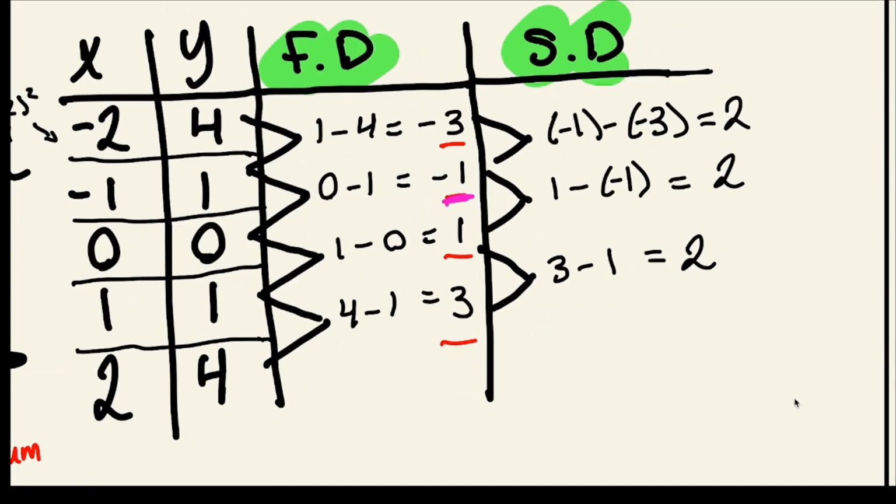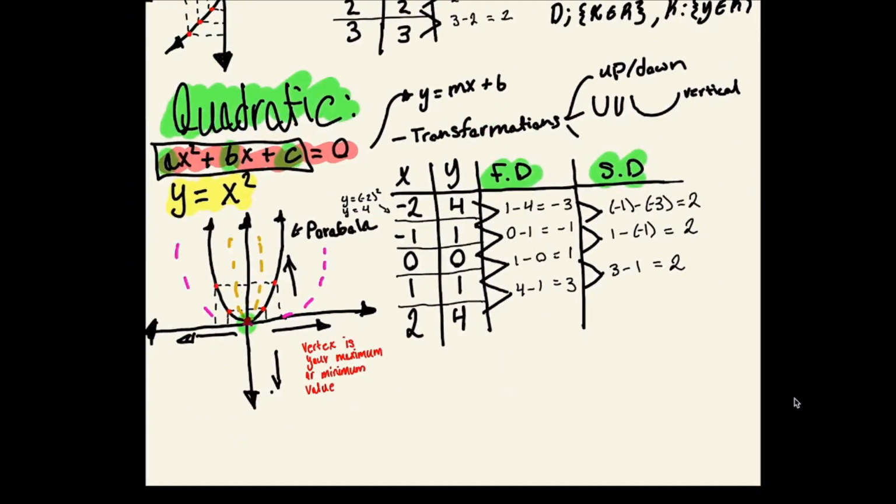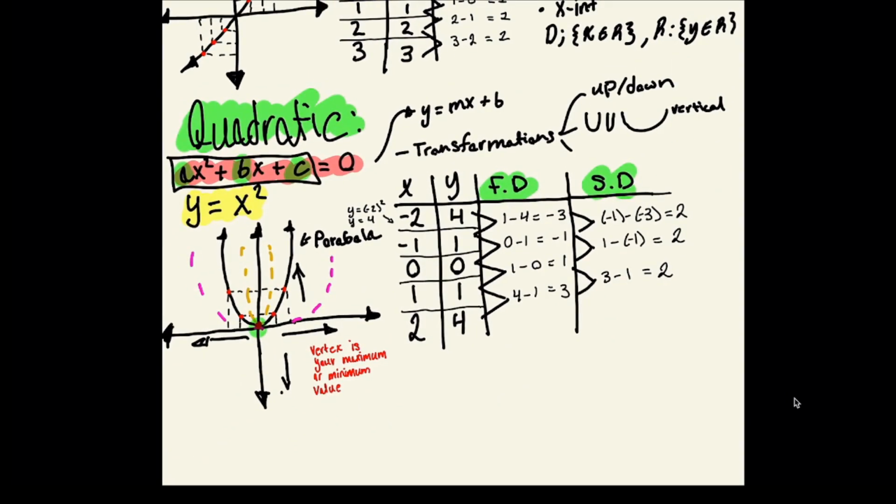You take -3 and -1, and you subtract them again. -1 minus -3 gives you 2. Again, 1 minus -1 gives you 2 again. So all the second differences are the same. What you can also conclude is that the second differences of parabolas will always be the same. And that's another way of checking that it's a quadratic.